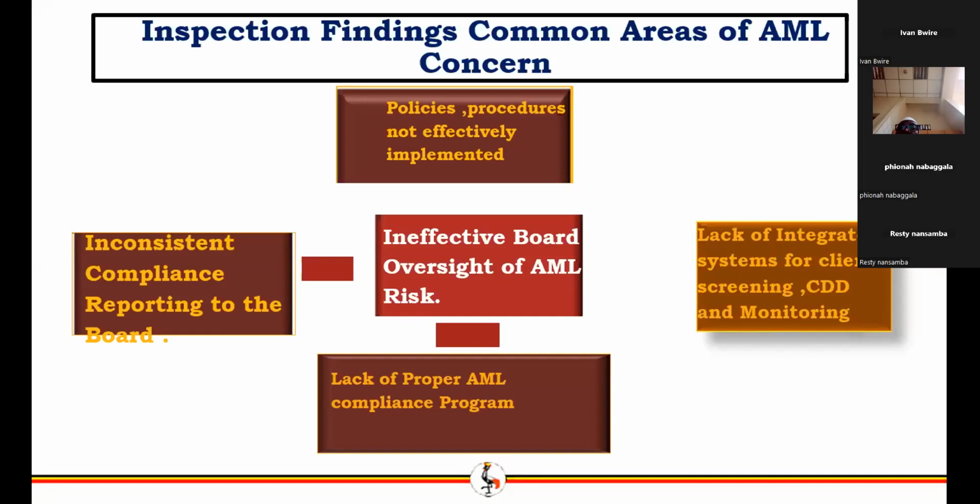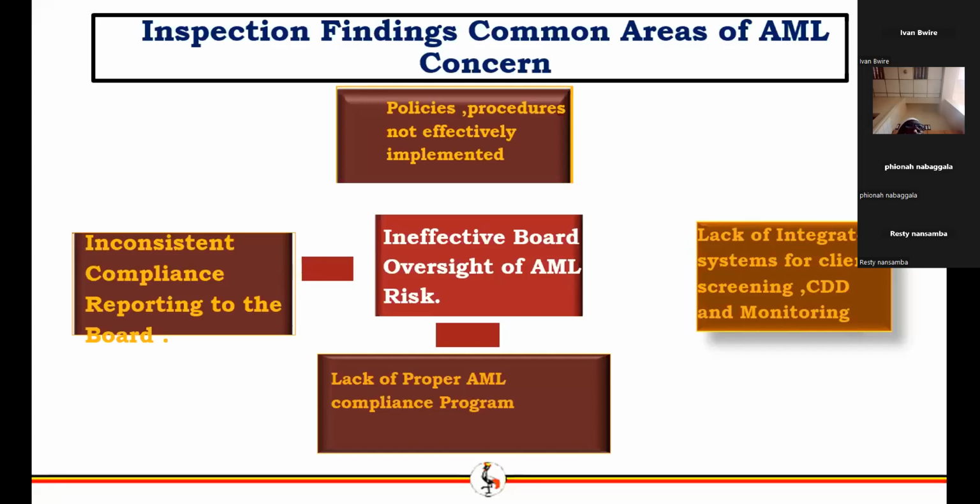If your risk appetite is big, then the controls you put in place must correspond to the risk that you have. Speaking from the perspective of a big Forex Bureau exposed to huge risks, we would expect the controls you put in place to respond to the risks. For example, the integrated systems.